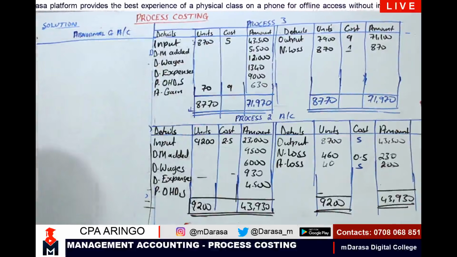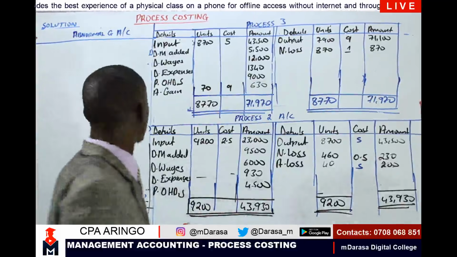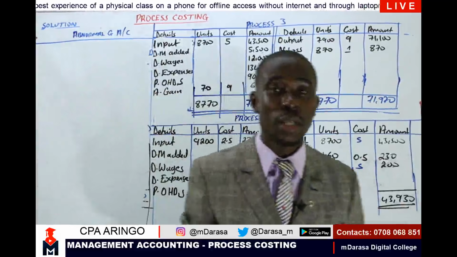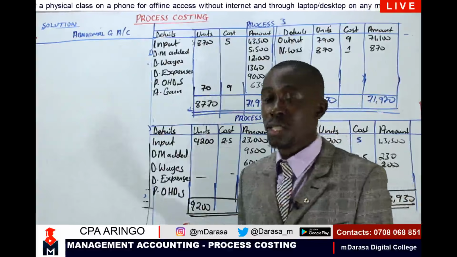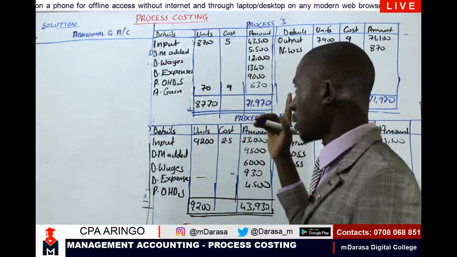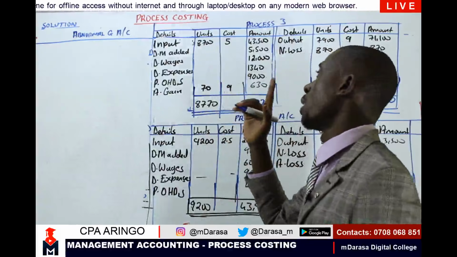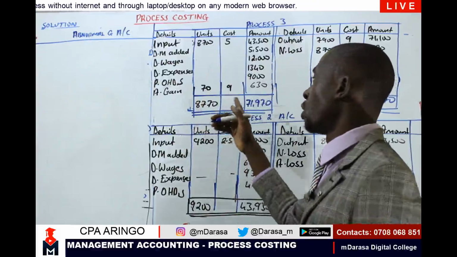Looking at the abnormal gain account, I'm going to debit our abnormal gain account, and first, we are going to credit our abnormal gain account with the value that we have here.